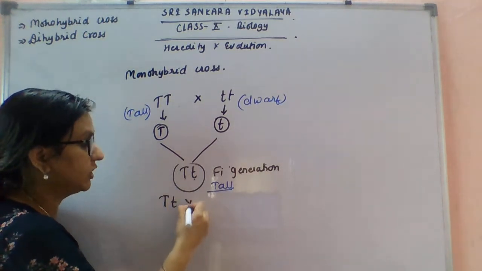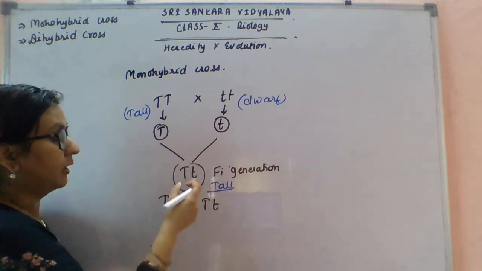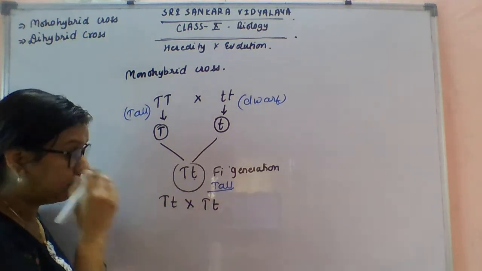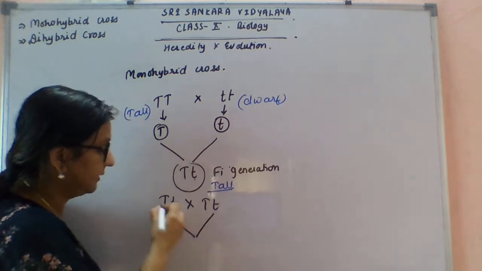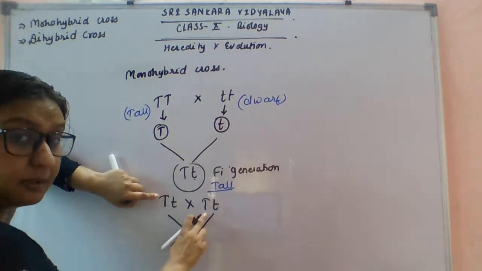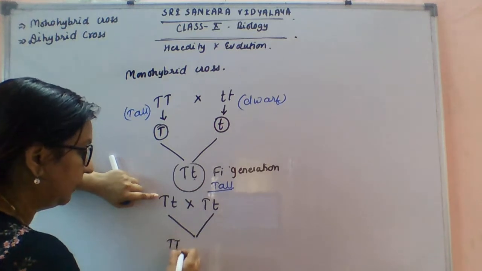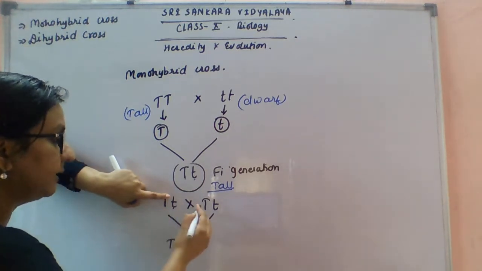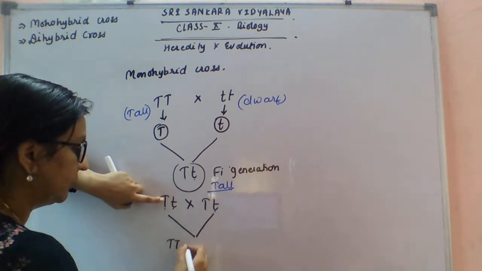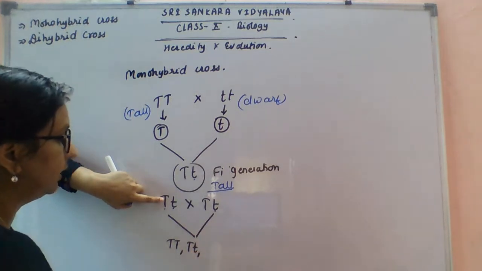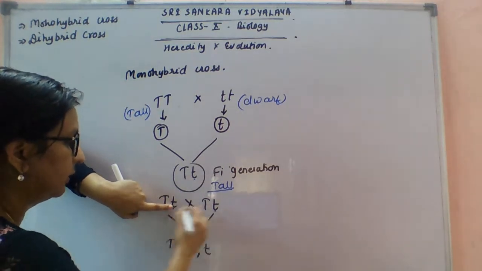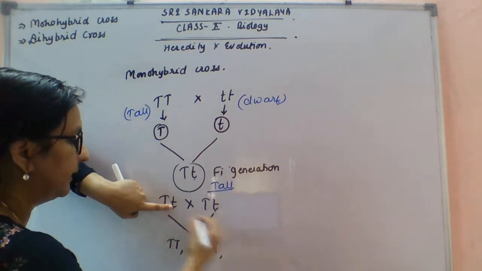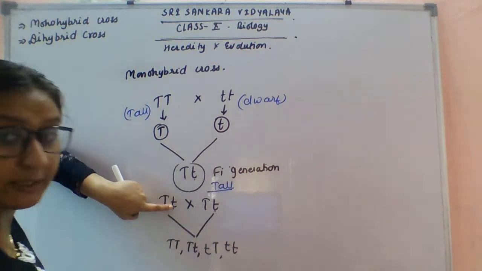Next, when self pollination takes place between capital T and small t, the F2 generation will be: capital T capital T, capital T small t, small t capital T, and small t small t.